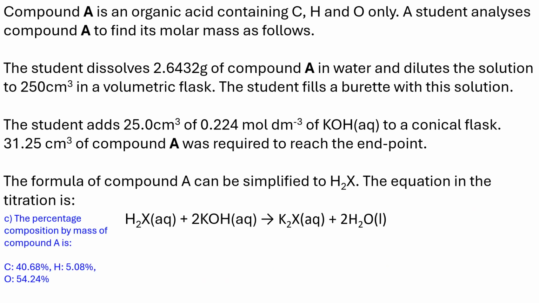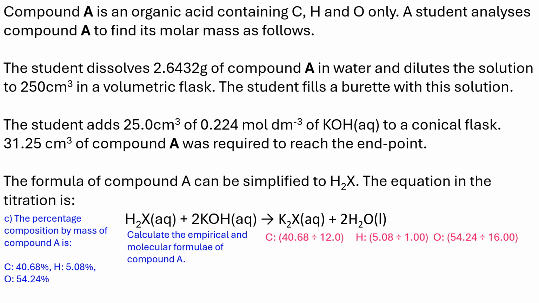Then they give us the percentage composition by mass of compound A, and they want us to work out the empirical and molecular formulae of compound A. So starting with the empirical formula, you divide the percentage by the relative atomic mass of the element concerned. And that gives us this ratio.